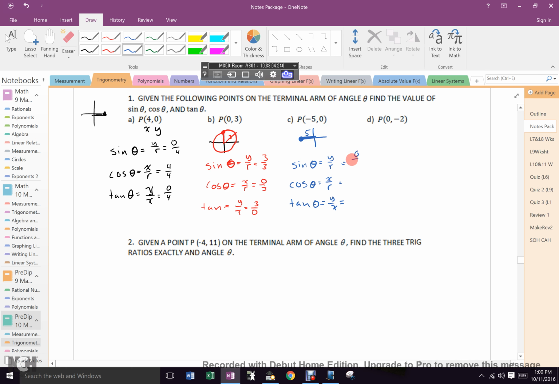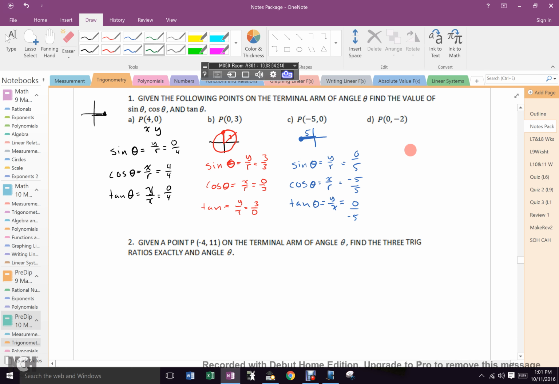Y is 0. R is negative 5. Oh yeah, sorry, R is 5. Thank you. And x and r, negative 5 over 5. And tan? 0 over negative 5. Everybody cool?